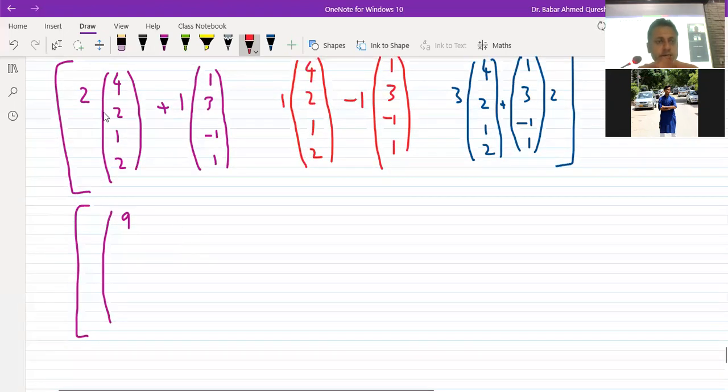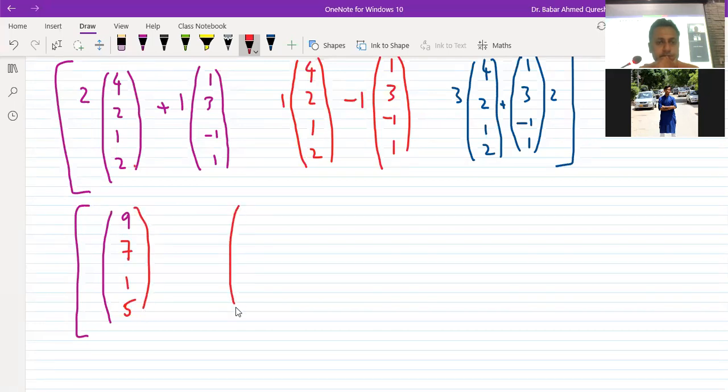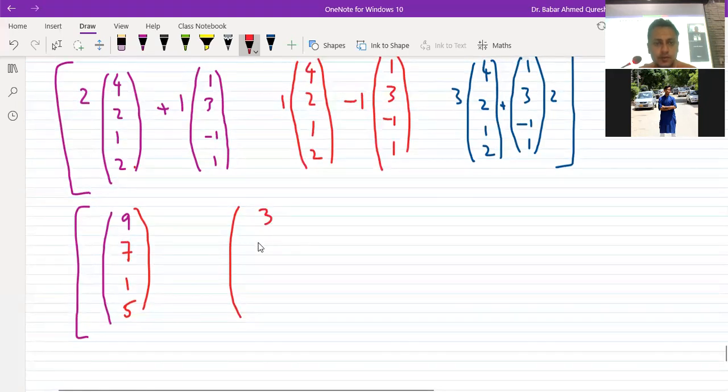So 9, 4 times 2, 8, 8 plus 1, 9. And 2 minus 1, 1, 5. The second is 4 minus 1, 3, 2 minus 3, minus 1, 1 minus 1, 1 plus 1, 2, 2 minus 1, 1.